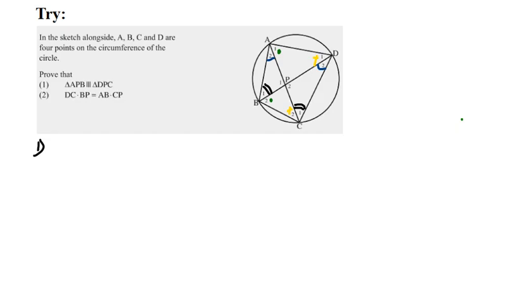You know by now that once they say to you, prove that this triangle is similar to this triangle, they have already given you a stepping stone, a hint to say, try and show that angle A in the one particular triangle is equal to angle D in the other triangle, and the angle P is equal to the angle P in the other, and finally that one you'll say third angle of a triangle.